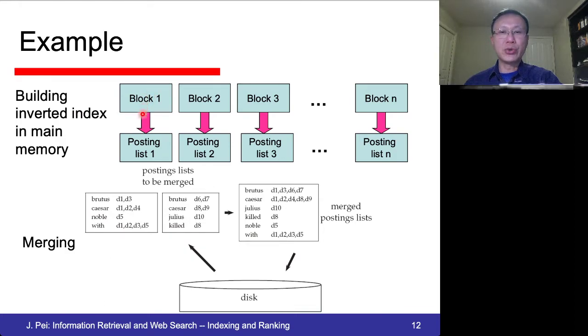We can produce the posting list for the documents in this block in this way. After we process all the documents in the blocks, we will have several posting lists, and we need to merge them into one posting list like this. So this is a merging task.